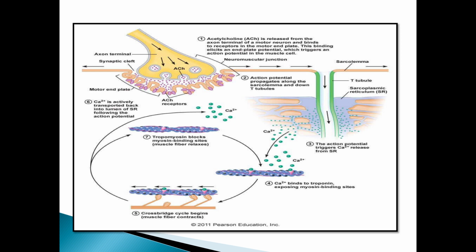So lastly, just a revision of the neuromuscular junction and the sliding filament mechanism. When the brain sends a signal, that is, the impulse reaches the axonal terminal, it causes calcium to enter, which causes exocytosis.